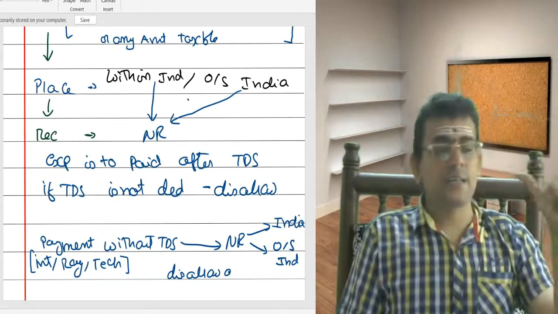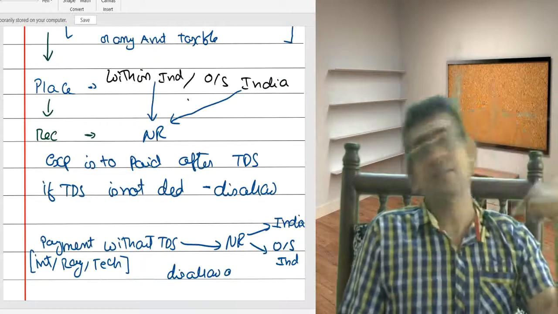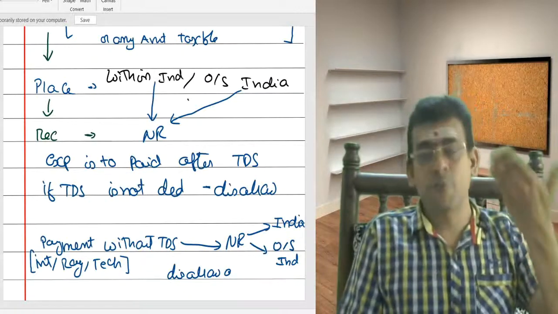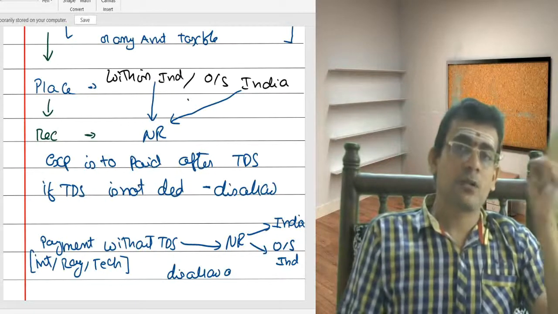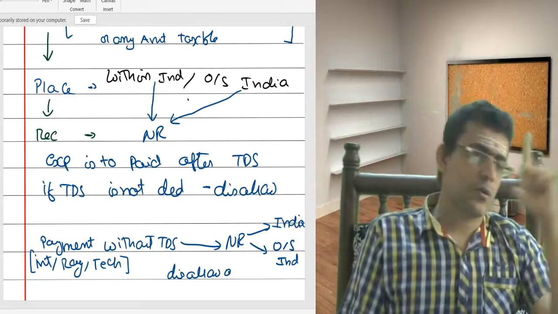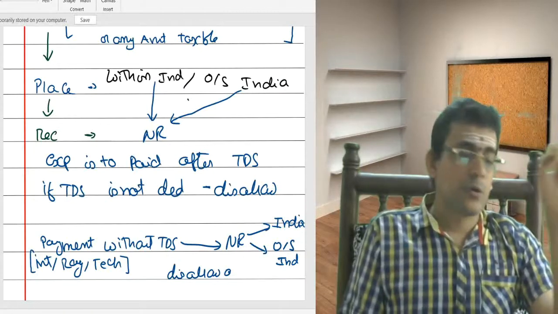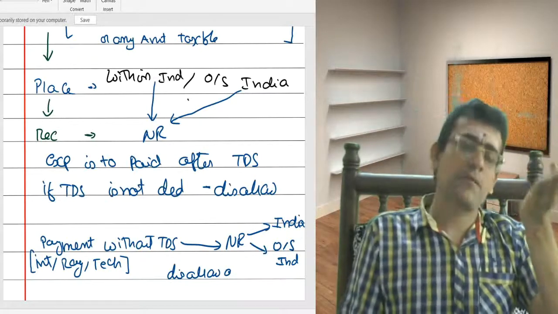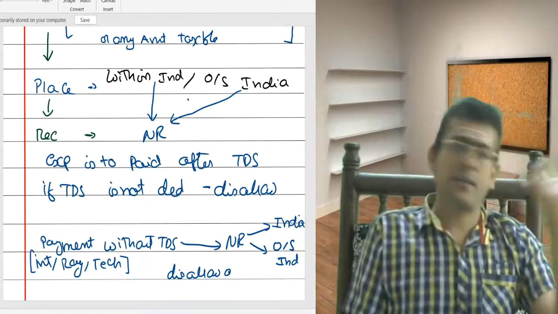If the default is rectified, even though you have not deducted the TDS, you can take the tax deduction. Going forward, we'll see a few examples so that you can easily understand. So here my objective is: if you are supposed to deduct the TDS and have not deducted, you are in default. Deducted but not paid to government, default. You can't take the deduction. But once the default is rectified, once the default is corrected, you can take that as a deduction.